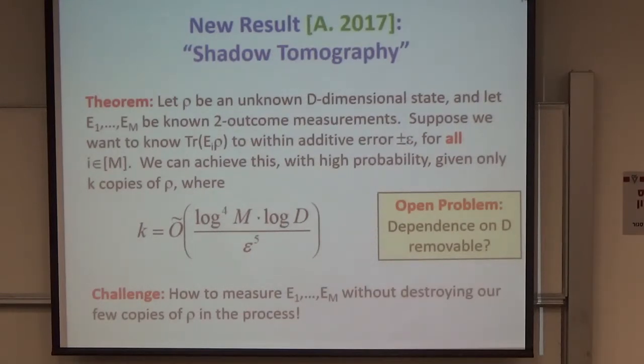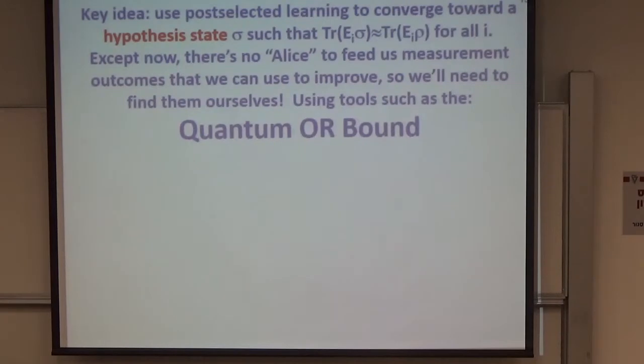There's no one there to tell him. So in order for Bob to find the useful measurements himself, we have to use another recent tool, which is called the quantum OR bound. Now, this quantum OR bound is something that I claim to have a proof of in 2006.